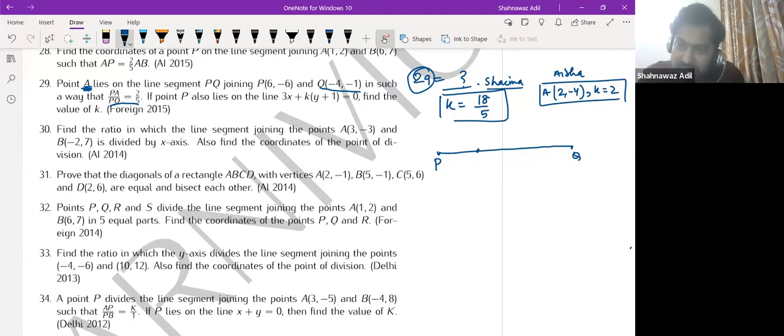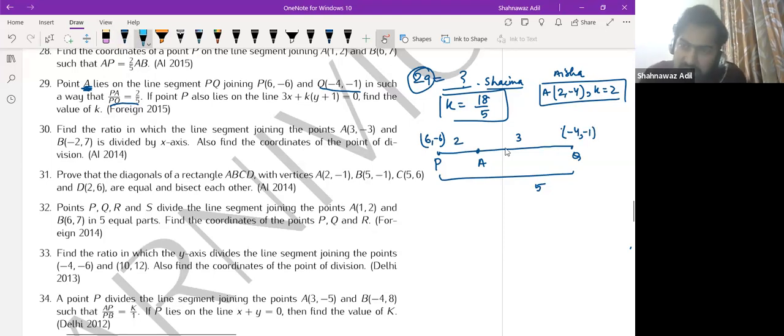Guys, I just said, carefully read the question. You don't need to calculate this A point. This is given, BA by BQ, and BQ is 5. P is 6, minus 6, and Q is minus.